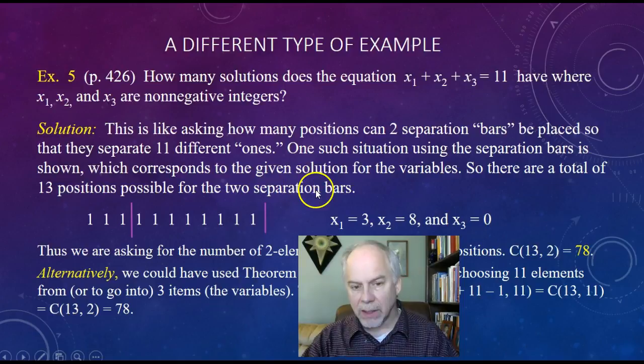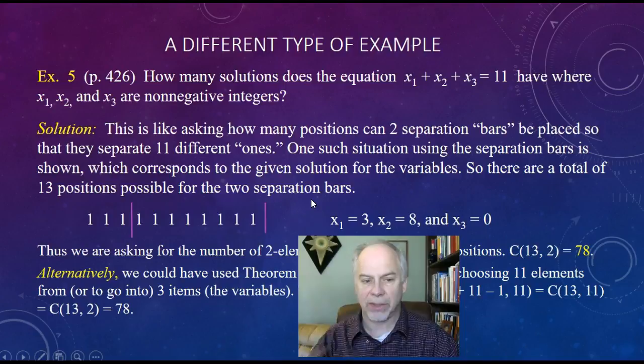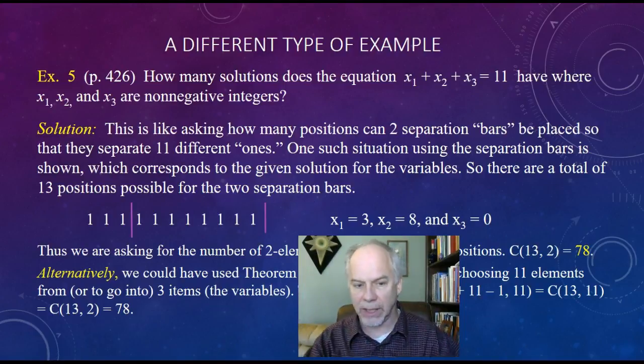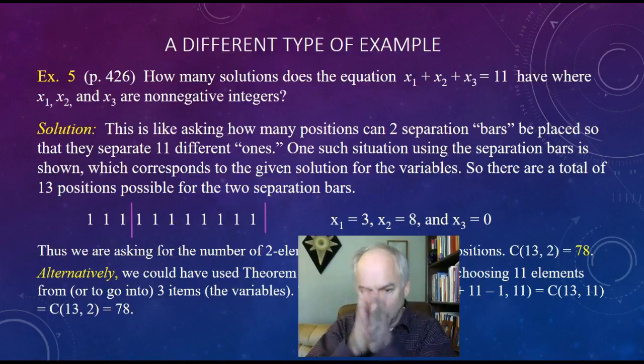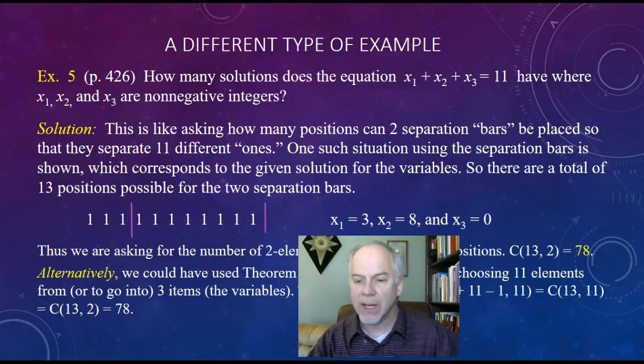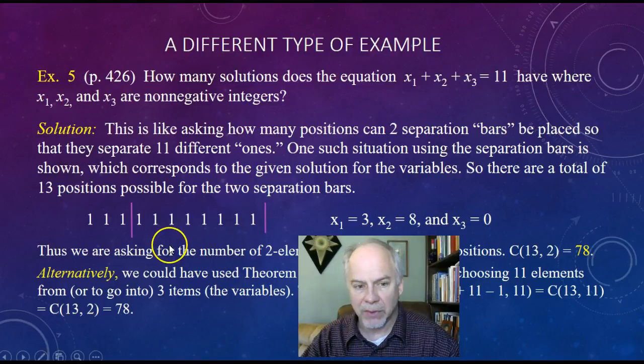And so really, we've reduced this situation to where do you place 2 bars? Now you could place the 2 bars in between 2 ones where the 2 bars are right next to each other, and then you'd have this number, 0, and then the last number to the right of it. You could place it anywhere.